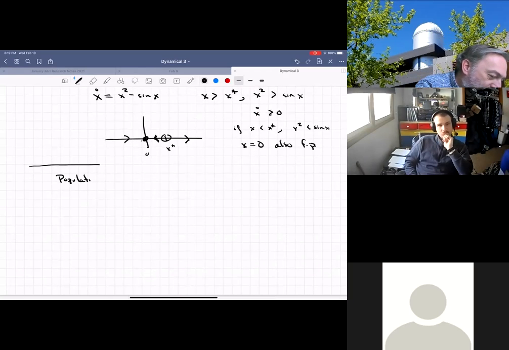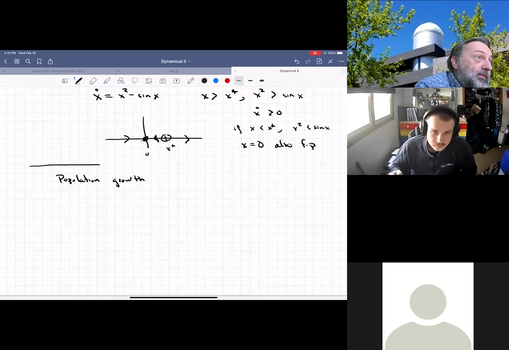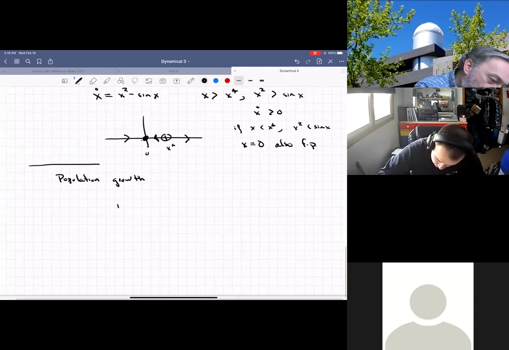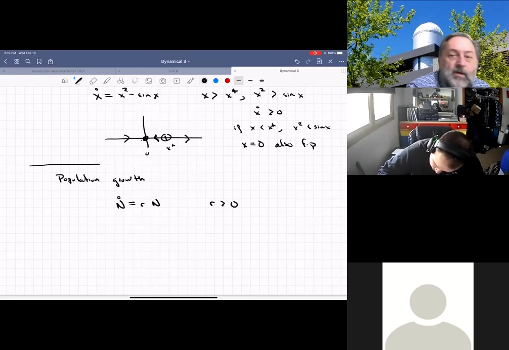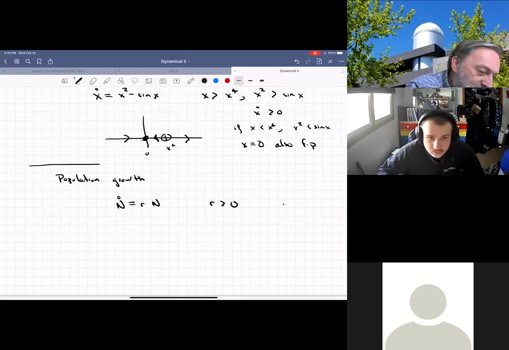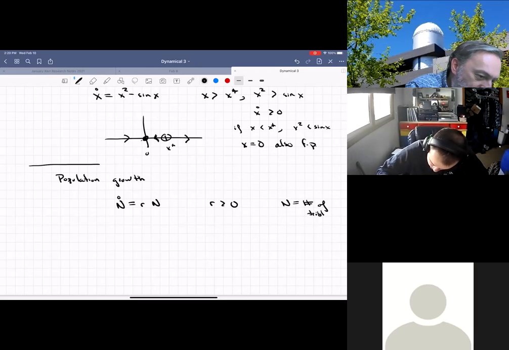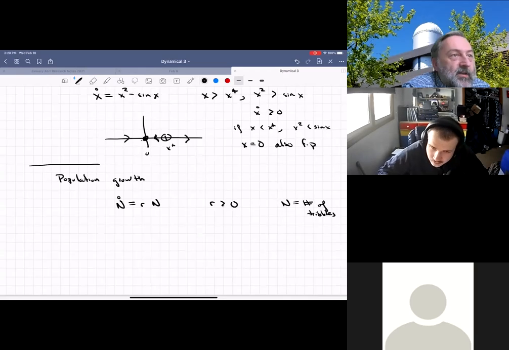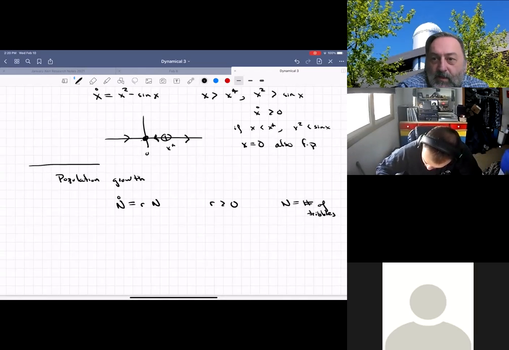Let's do an example. Let's try to understand how to model population growth. Let me suppose that N is the number of tribbles, and I'm trying to find the number of tribbles as a function of time.